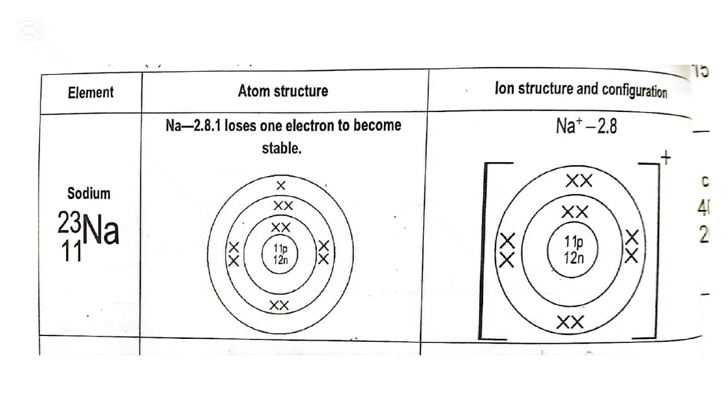And that is how we show them in the diagram. You put a box bracket with the positive charge. Then you can also write it as Na, the chemical symbol for sodium, positive. That is the ion of sodium.